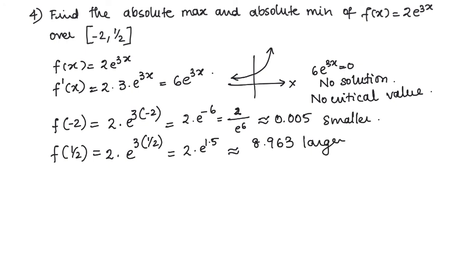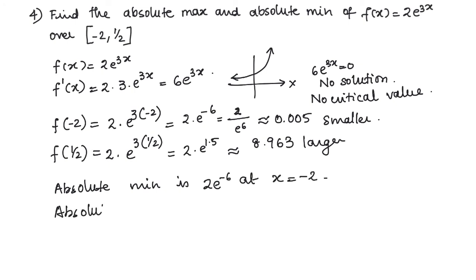So we can say that the absolute minimum is 2 e power negative 6 at x equal negative 2, and absolute maximum is 2 e power 1.5 at x equal half.